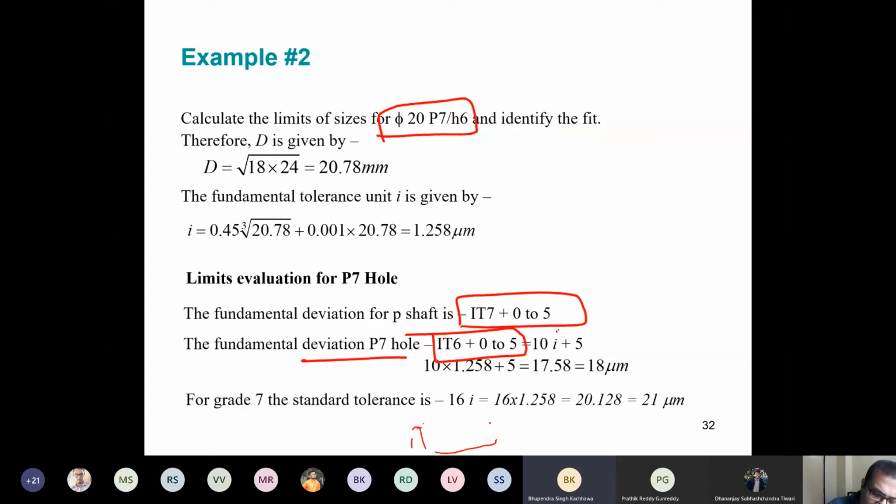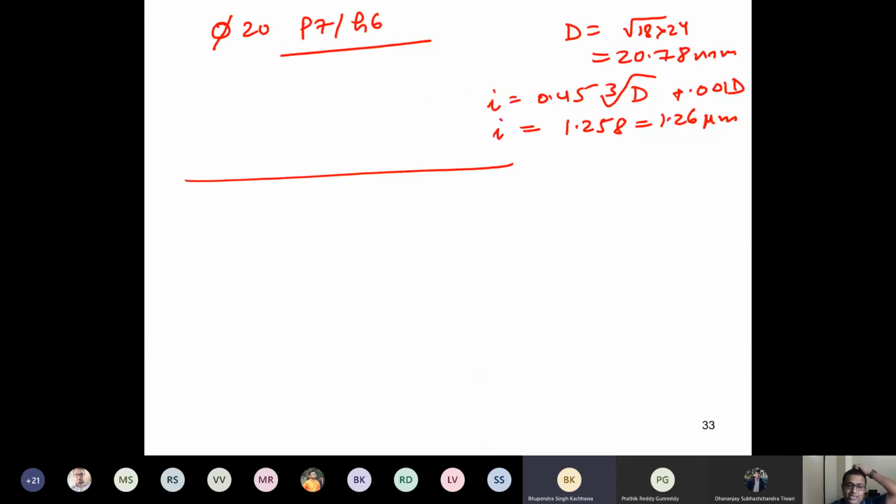And IT6 is 10I, we have just shown that. So basically it can be two things. Now my fundamental deviation has a range. P hole basically means IT6 plus 0 to 5 microns. IT6 is nothing but 10I, so it will be 12.6.